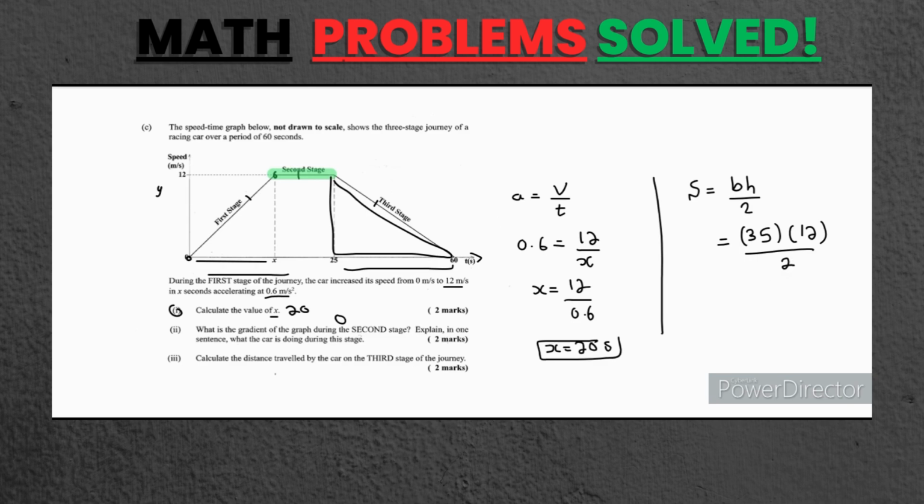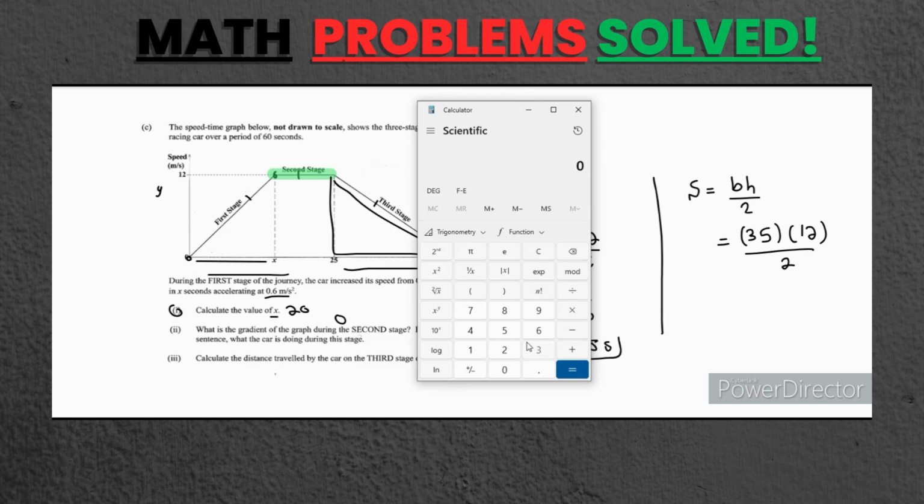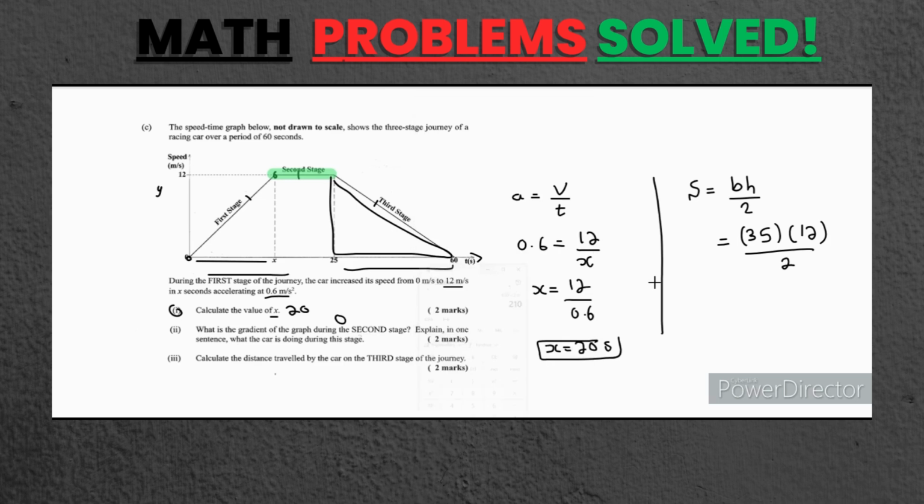If you take a calculator, 35 times 12 equals 420, divided by 2 equals 210, right? So the distance here will be 210 meters. That will be the distance covered by the car in the third stage, right?